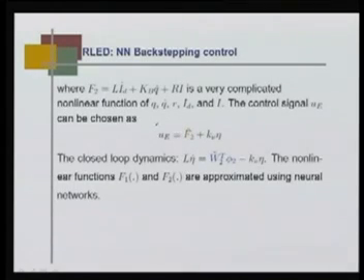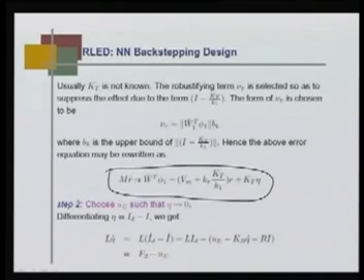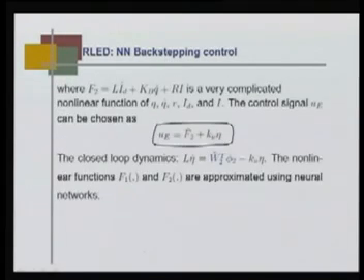So, if I find u e as this, which is my neural network approximation of F 2, and then if I take my control action to be k v eta, then my error dynamics is L eta dot is this quantity.